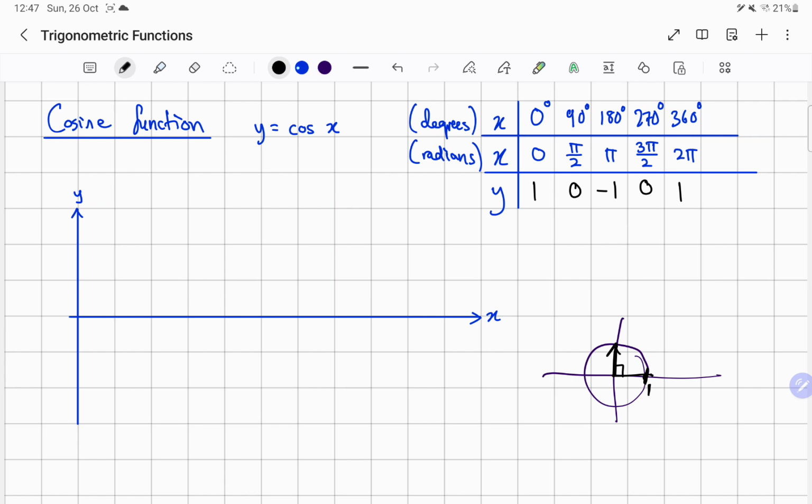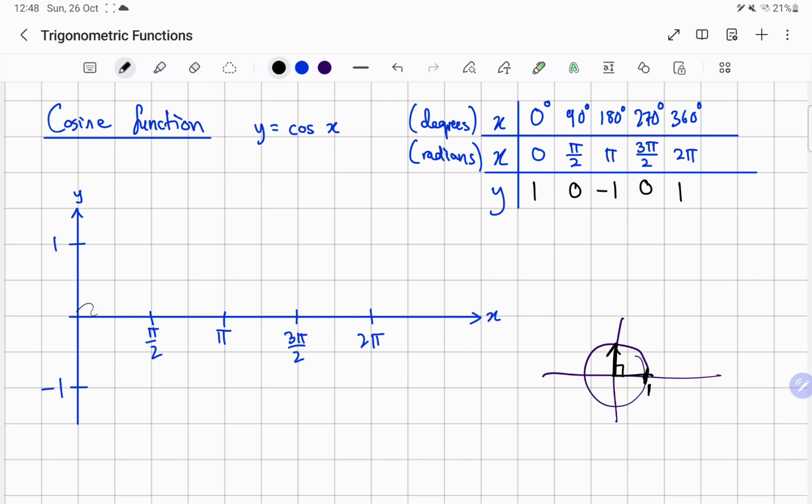So if you plot this on the graph for cosines, say this is your pi over 2, this is your pi here, and here 2 pi, 3 pi over 2.